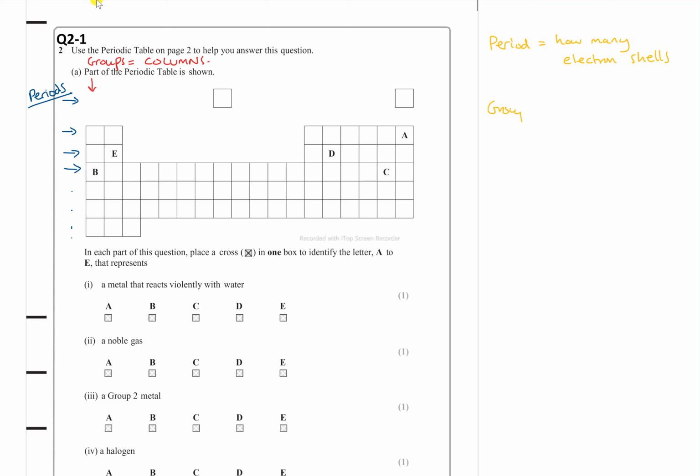The group number tells you how many electrons are on the outer shell or the valence shell. If you can learn those two, it'll help you a lot.